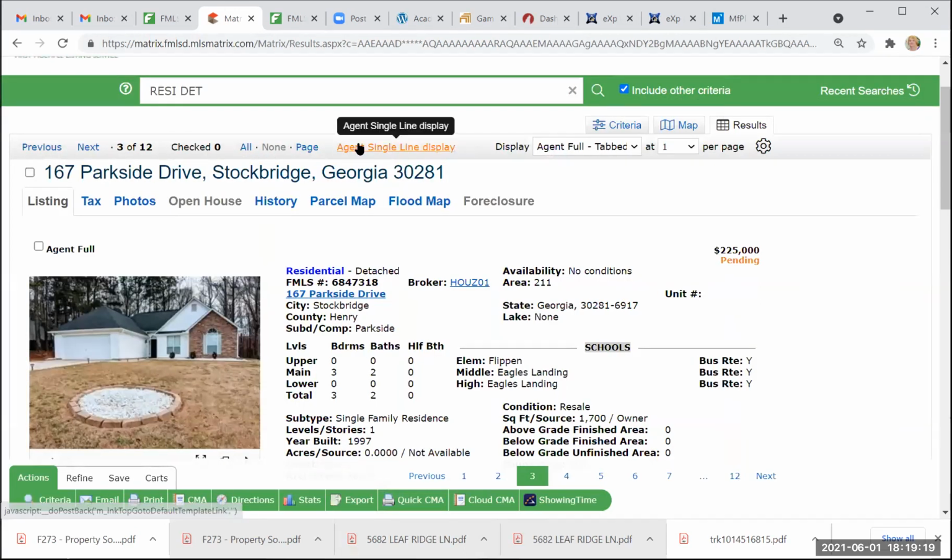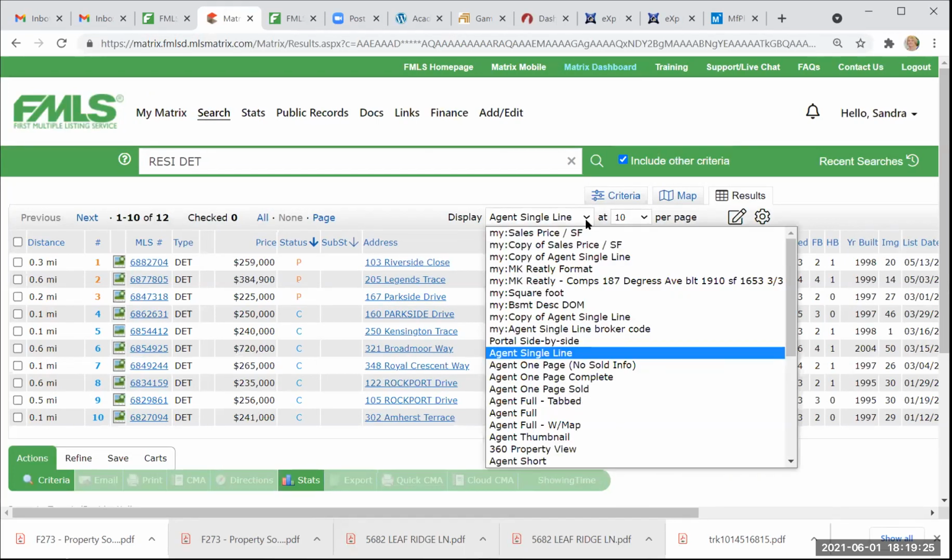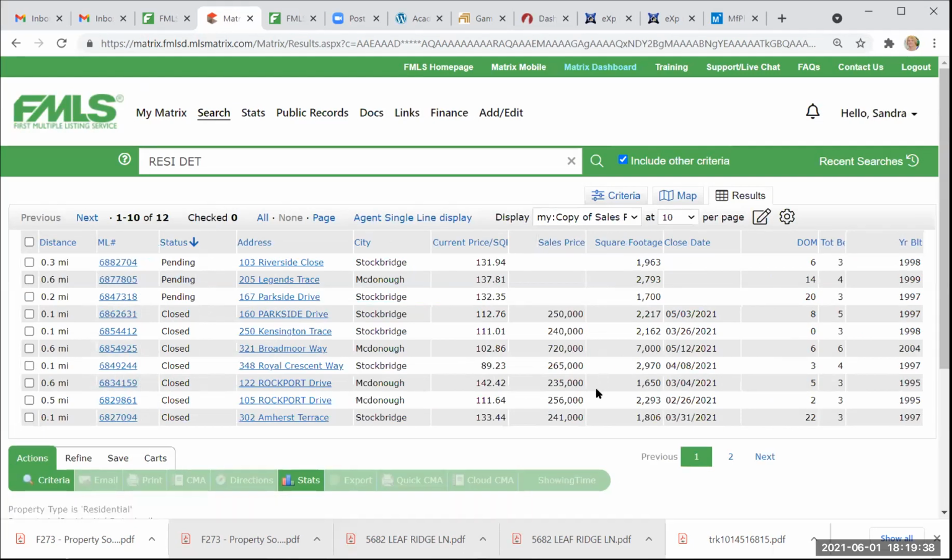Now, how do I find out? If you're in Matrix, see the display type right here? You can create your own display types, add your own fields, just like with a spreadsheet. So I have one that's sales price square footage. And that tells me the square footage.